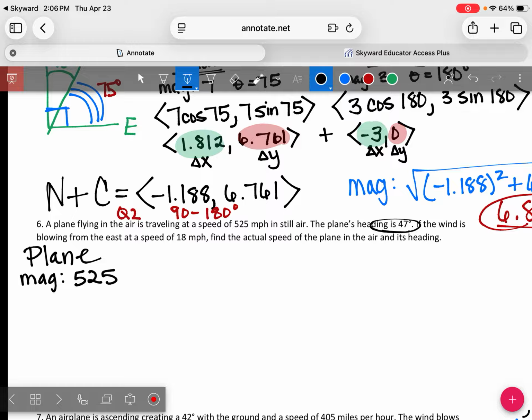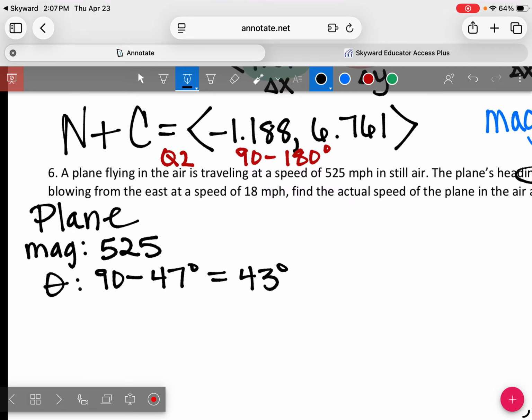Do I use the heading? No. I need the direction. How do I find the direction? 90 minus 47. You have to use 43. So, go ahead and find your vector for the plane. 525 cosine 43.